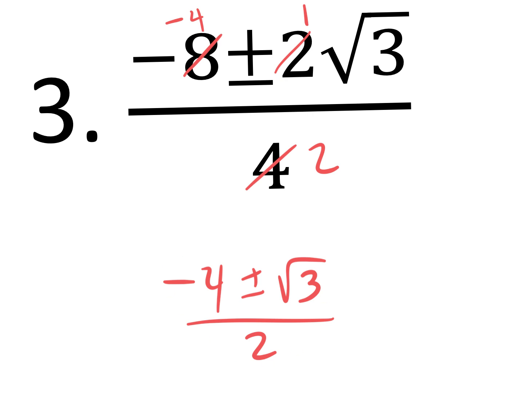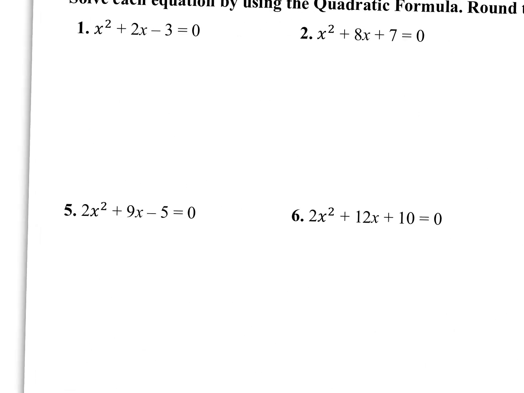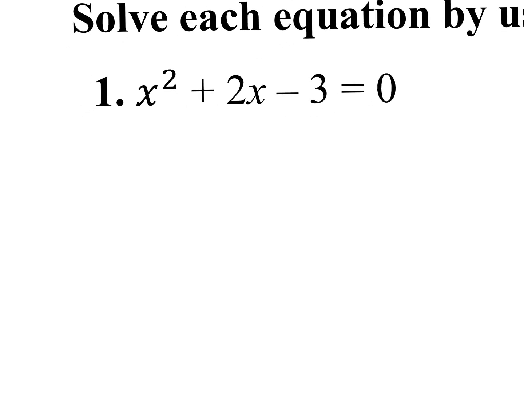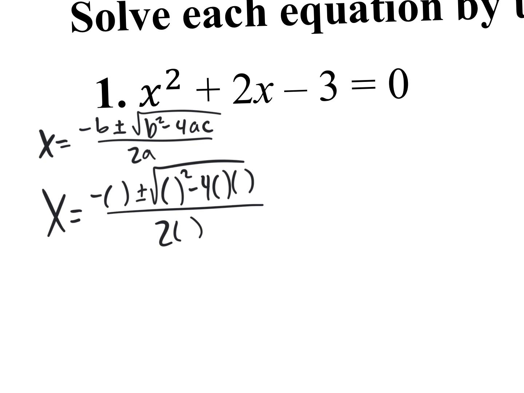So on the worksheet, we're going to be practicing using the quadratic formula. On every single one of these, what I would like you to do is write down the quadratic formula, and then rewrite the quadratic formula, but with parentheses, and then identify your A value, which is 1, your B value, which is 2, and your C value, which is negative 3.